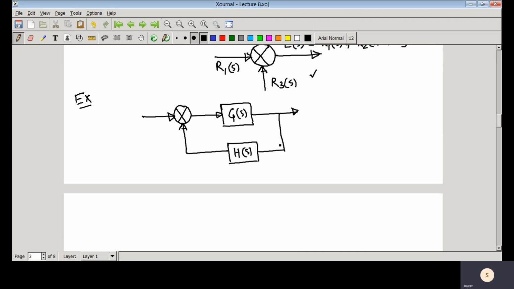So you may consider that this H(s) is, suppose, the sensor transfer function, or you can put any other filters or any other blocks in the feedback loop whose transfer function is H(s).